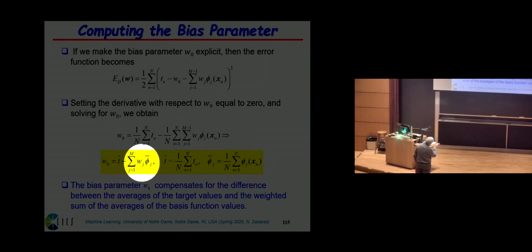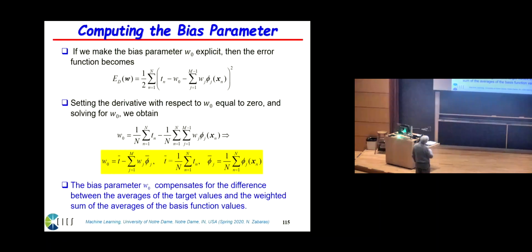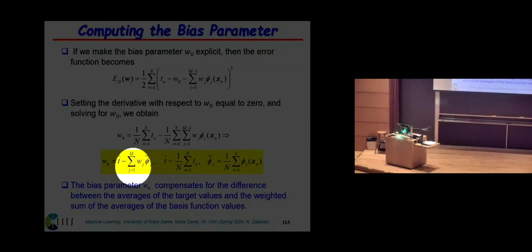After one line, that's the answer, all right? And the answer is this: T bar and phi j bar are the averages of the responses and the averages of the basis functions over all training data points. There is nothing extra in the derivation beyond what you see on the slide, and this is the answer.